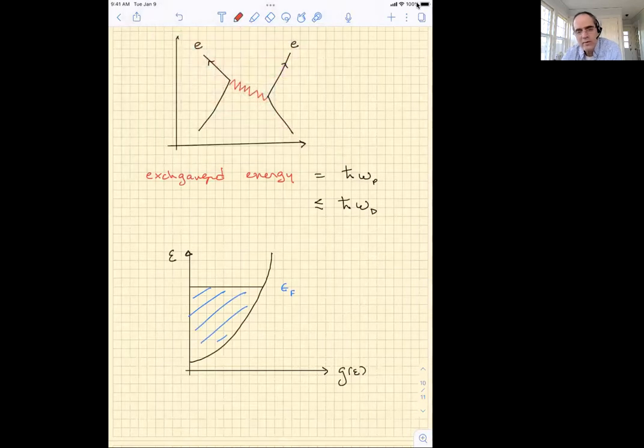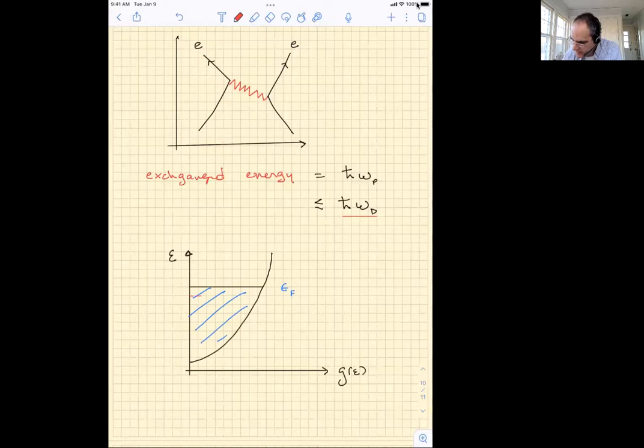So what we found out now is that electrons can interact with each other through the lattice distortion. That is, electrons can interact with each other by exchanging phonons. But the energy exchanged in the interaction is limited to the energy of the most energetic phonon. And that means that in this picture, not all of the electrons pair with each other.